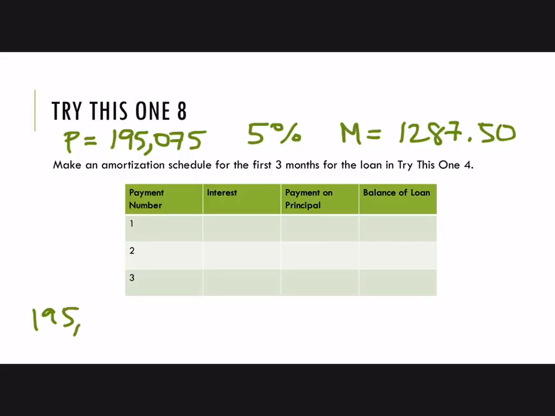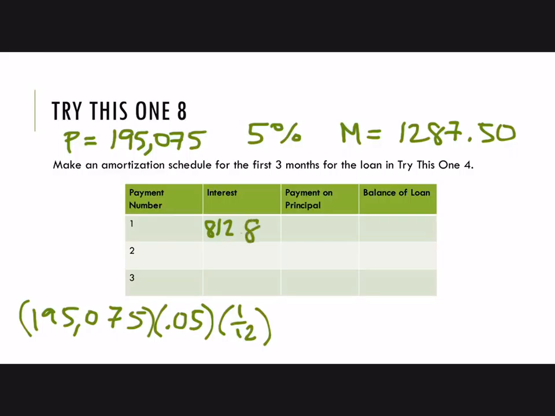Do principal times rate as a decimal times time, we're using 1/12. Okay, so that gives an interest amount of, let's see, 812 and 81 cents.